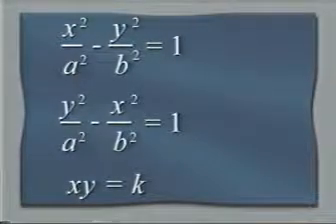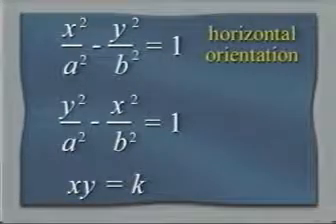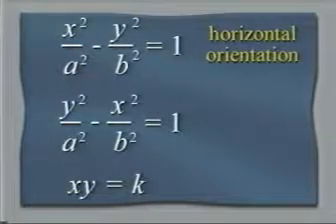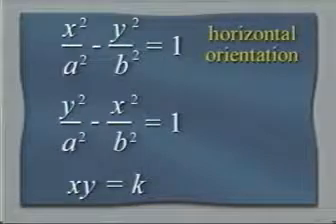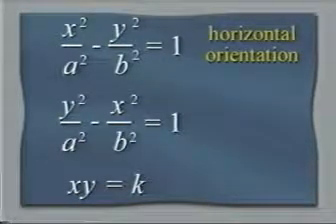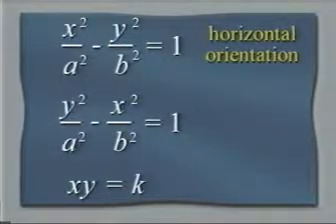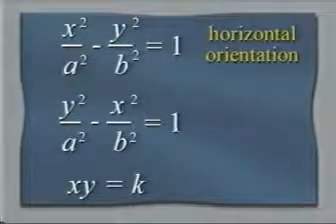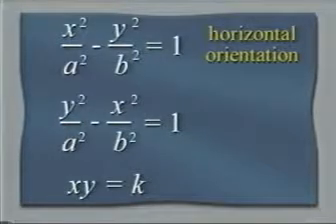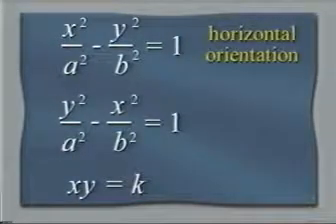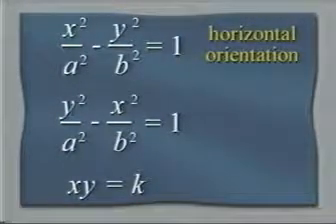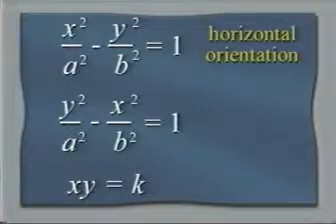This is a hyperbola oriented along the x-axis, because y can be 0, but x cannot be 0. If x is 0, you have a negative square fraction equal to a positive 1, which it cannot be. So this first equation is the equation of a hyperbola that is oriented horizontally. It has an x-axis that cuts through it.